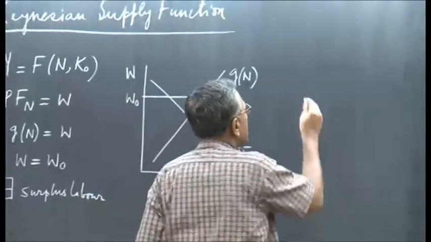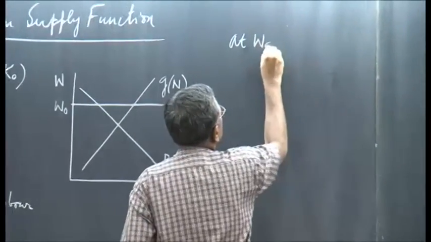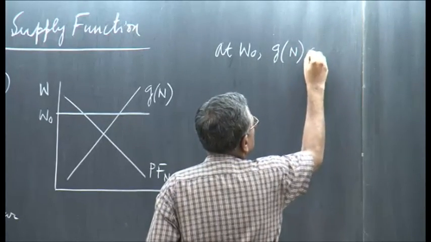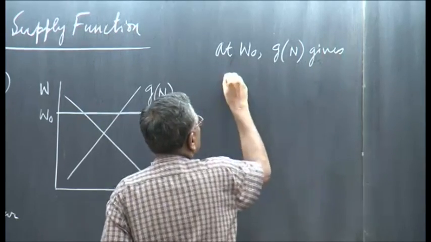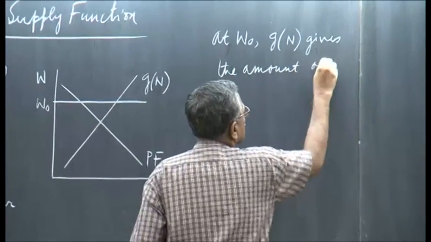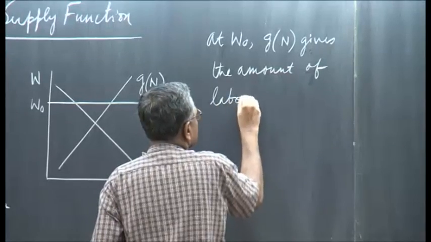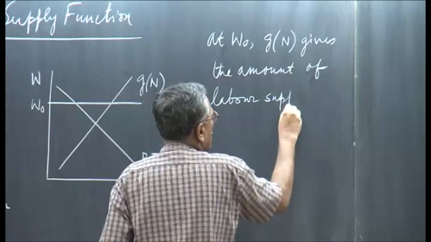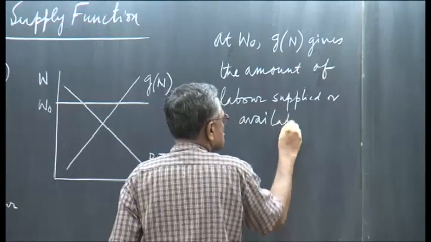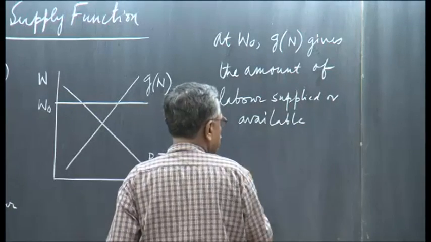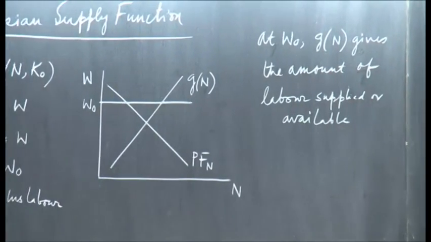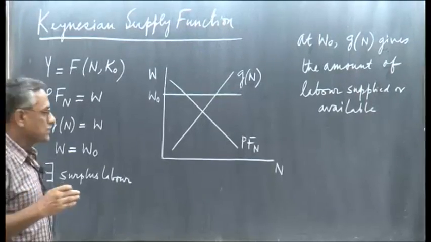At W naught, Ns tells you the number, the amount of labor supplied or available. All right. So, it is not a very useful equation from the point of view of our working with the model.